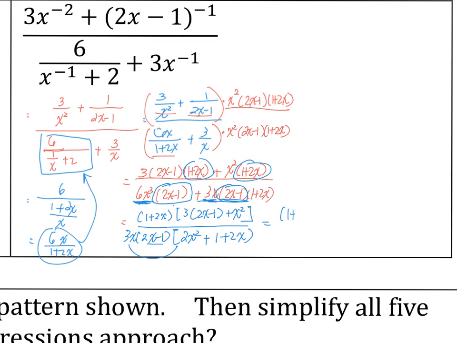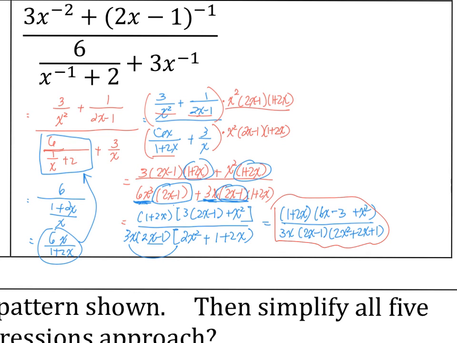Now we can simplify 6x minus 3 plus x squared all over 3x, 2x minus 1 times 2x squared plus 2x plus 1. Now I'm going to rewrite this more properly.